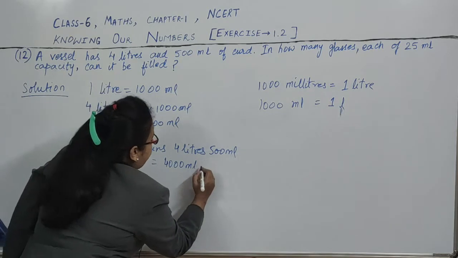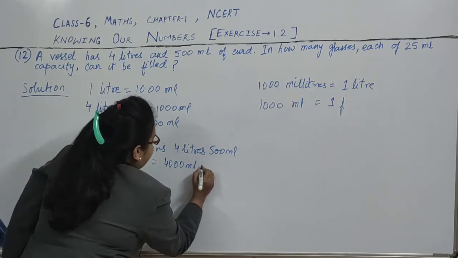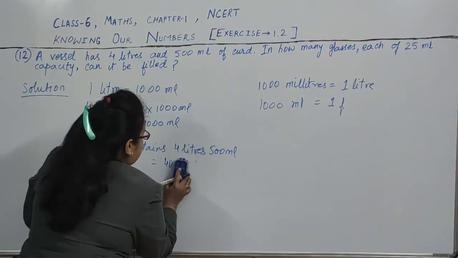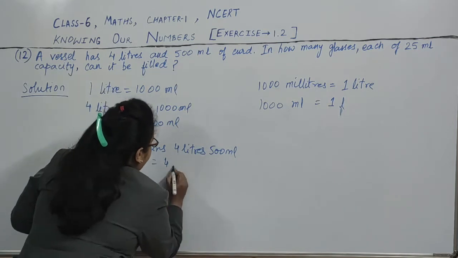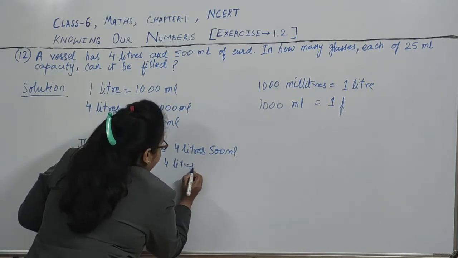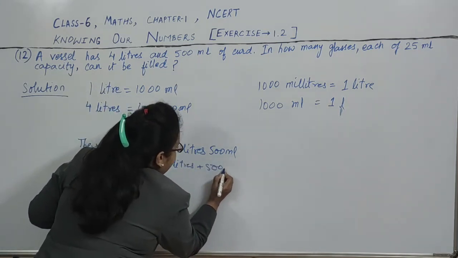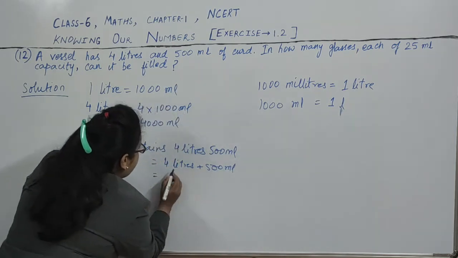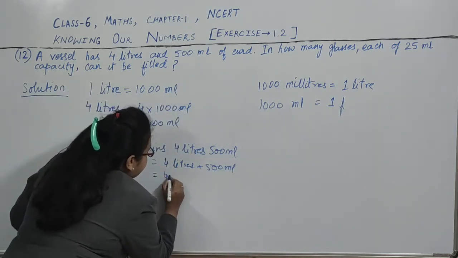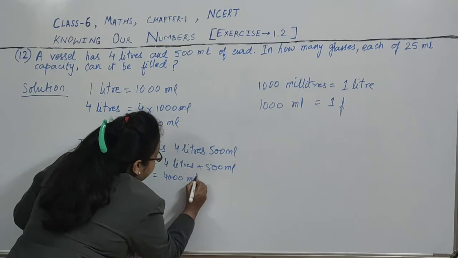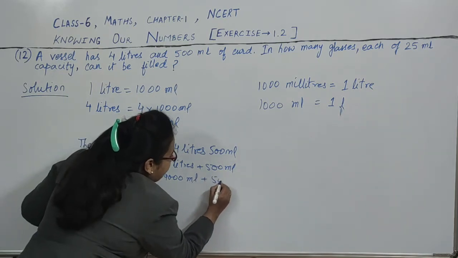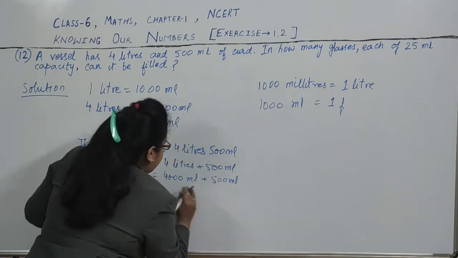4 liters and 500 ml means 4 liters plus 500 milliliters. So 4 liters is equal to 4000 milliliter, plus this 500 milliliter.